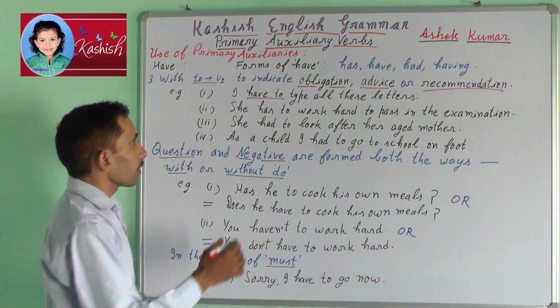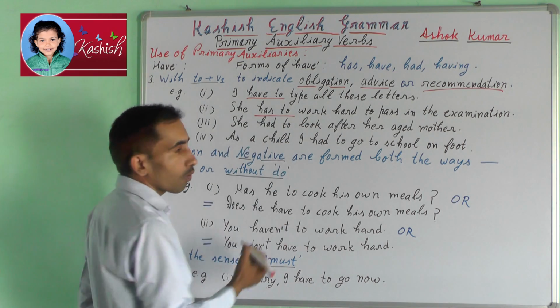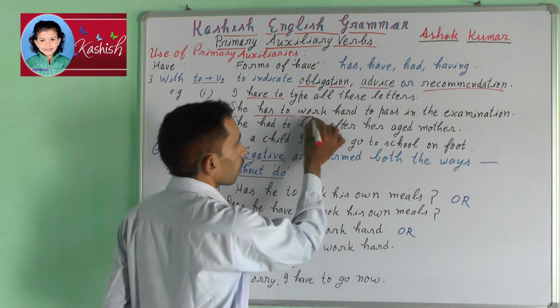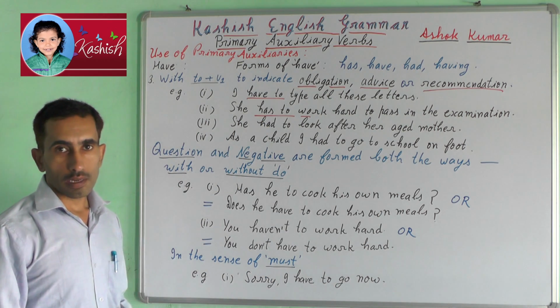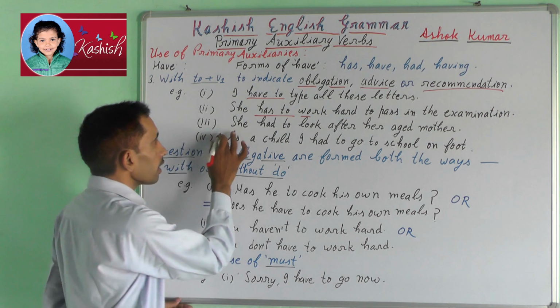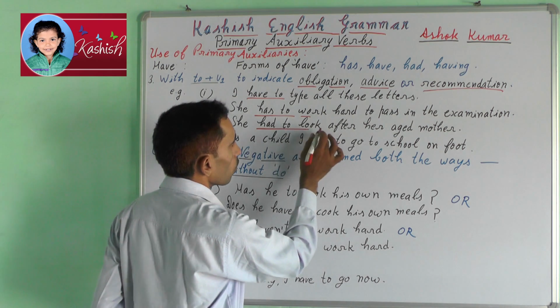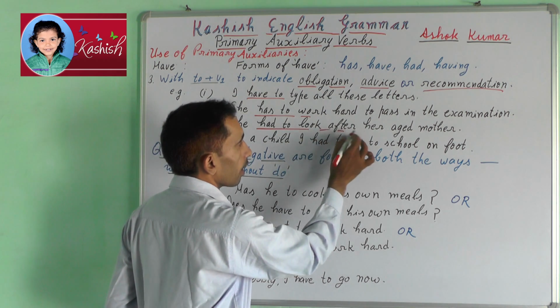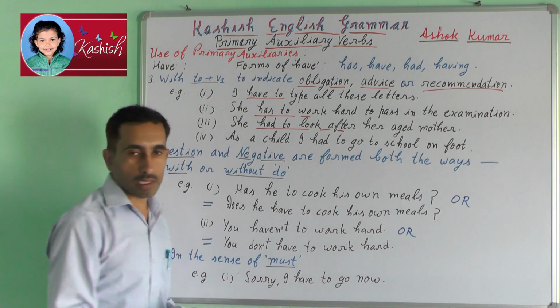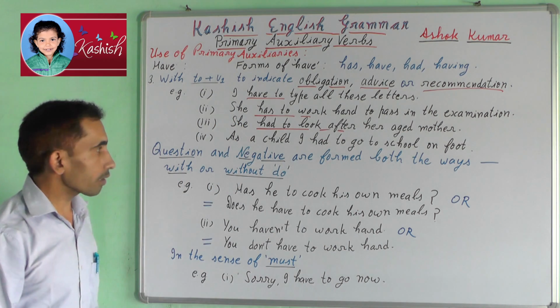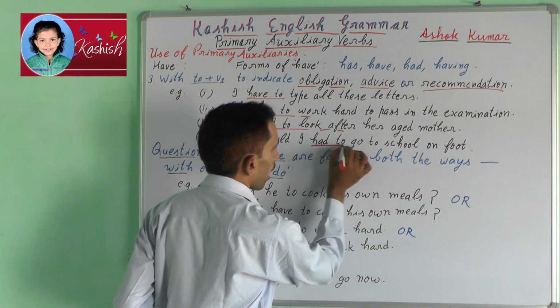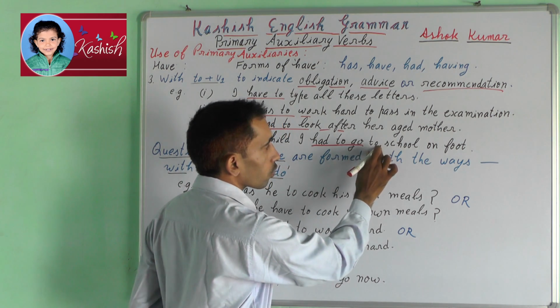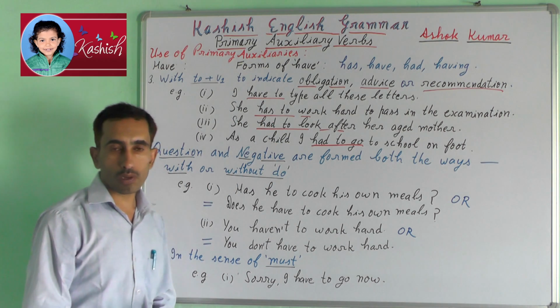Next, she has to work hard to pass in the examination. Next, she had to look after her aged mother. Next, as a child, I had to go to school on foot.